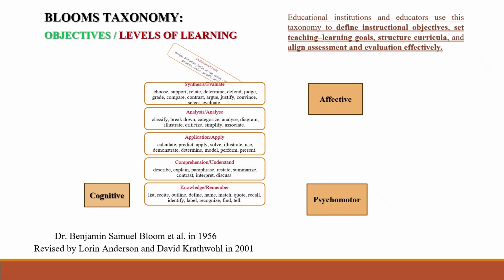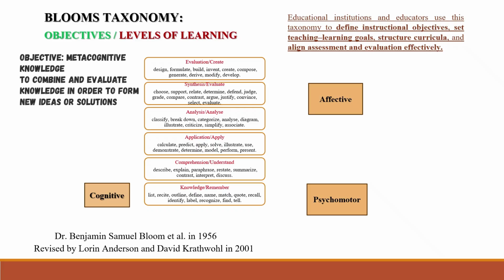Here comes the sixth level, the last and the highest level of the cognitive domain, which is named as evaluation in the original version and create in the revised version. Here also, the focus is on metacognitive knowledge. Educators prepare the learners to combine and evaluate knowledge to form new ideas or solutions.